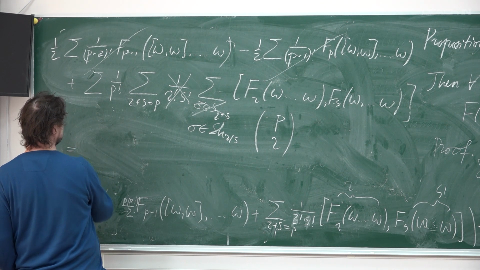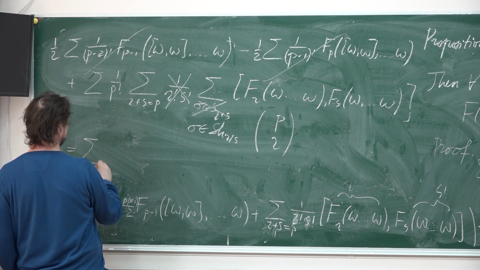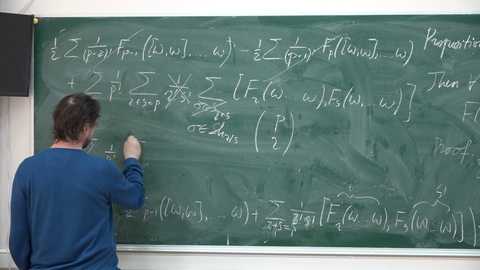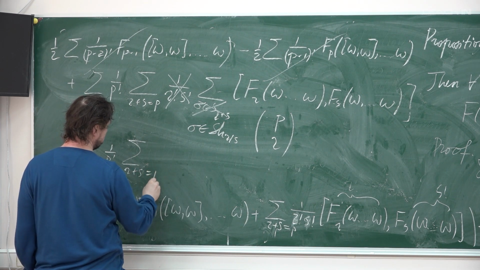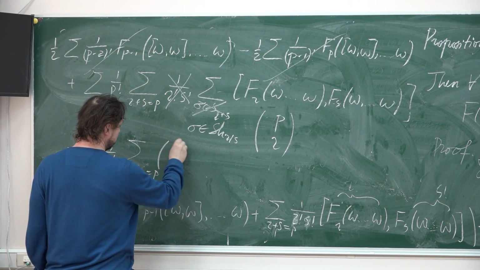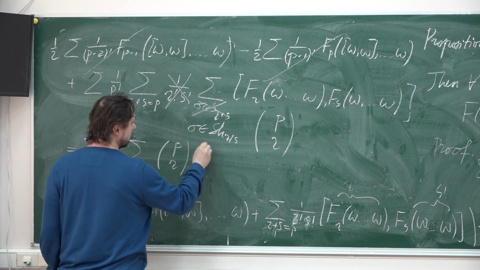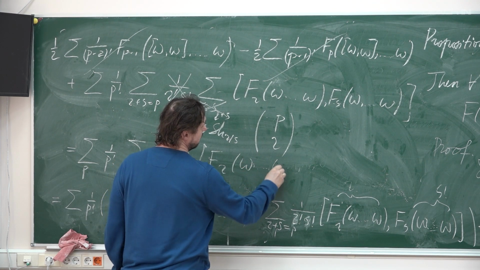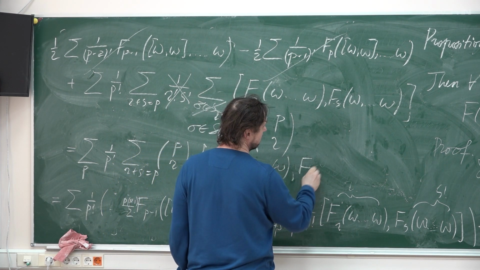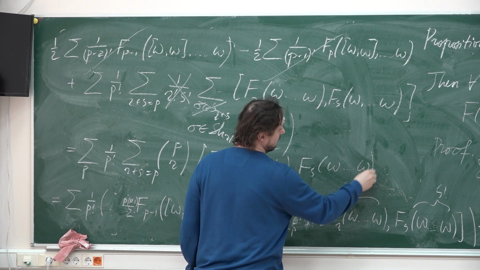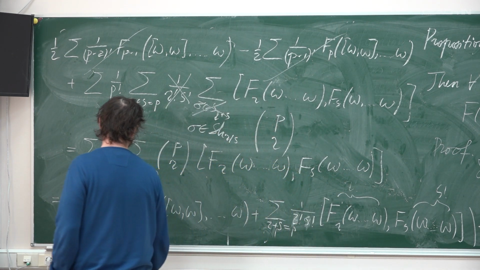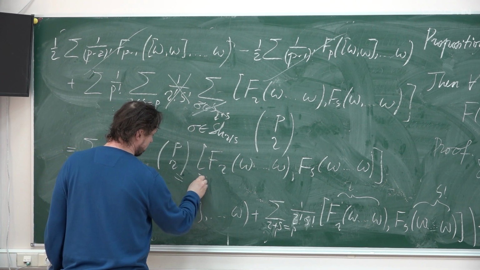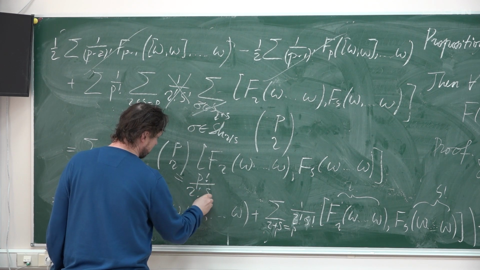So let me continue. It is equal to sum over P, 1 over P factorial, sum over R plus S equal to P, this binomial coefficient P choose R, Fr omega omega, Fs omega omega. But this is equal precisely to P factorial divided by R factorial S factorial.